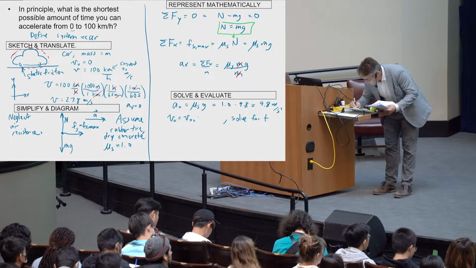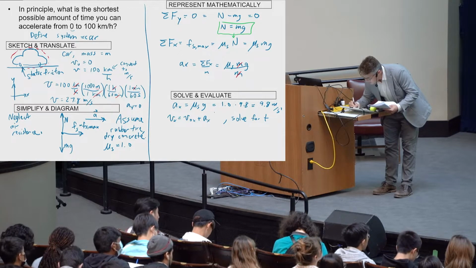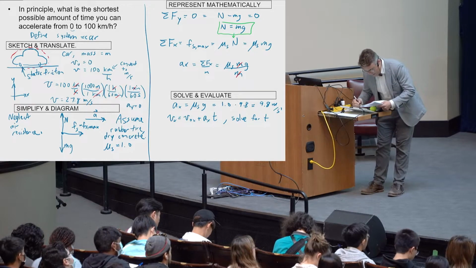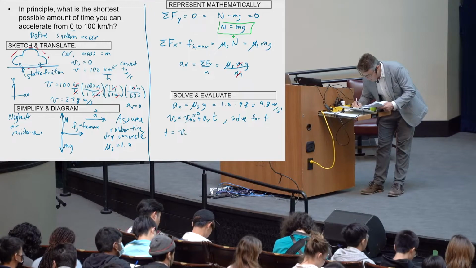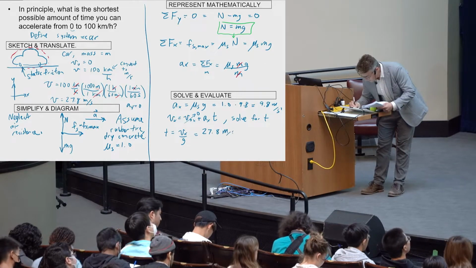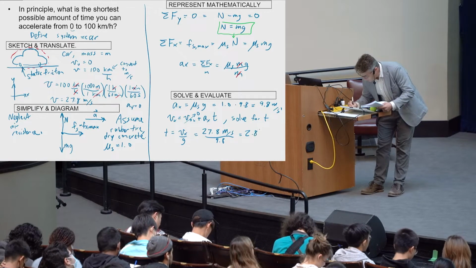It is v0x plus a sub x times t. That's one of the equations of constant acceleration. So t is equal to, this one's 0, v_x over g, 27.8 meters per second. We converted nicely. Divided by 9.8, and you get 2.8 seconds.